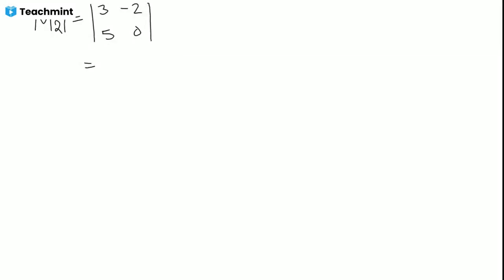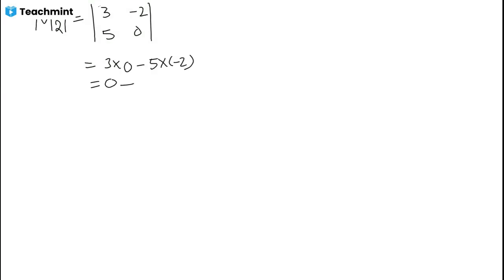Now let us solve 3 into 0. Oh, sorry. Leave the element of second row and first column. So we have 3 and minus 2. Yes, sorry, my mistake. 3 into 0, minus 5 into minus 2. So this is 0 plus 10. So we have 10 only.